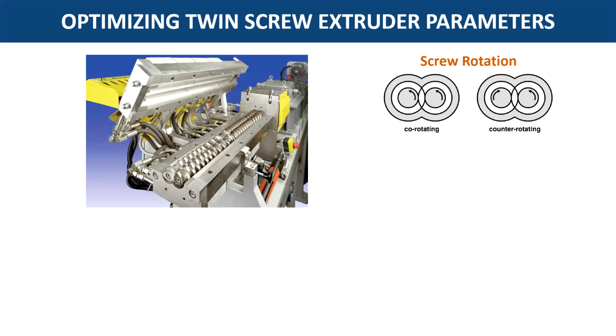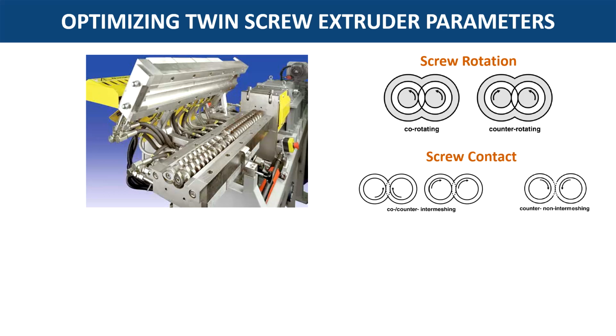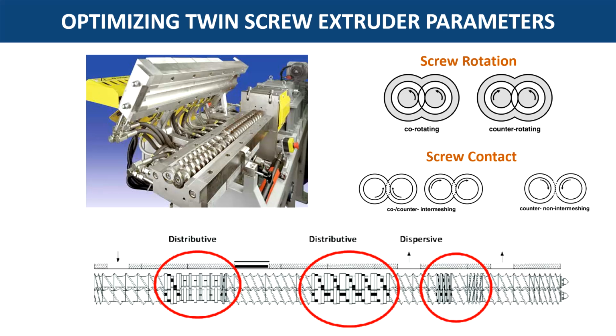Similarly, two screws can be intermeshing or non-intermeshing, which will also lead to significantly different levels of shear force. Finally, most twin screws are modular in nature. As a result, an infinite number of screw configurations can be used to achieve different levels of dispersive and distributive mixing.